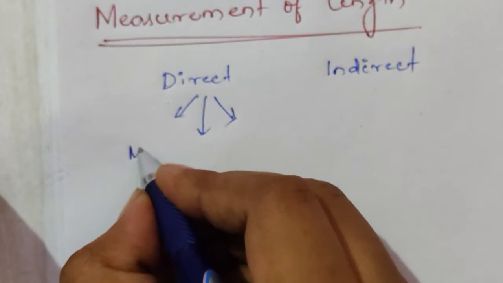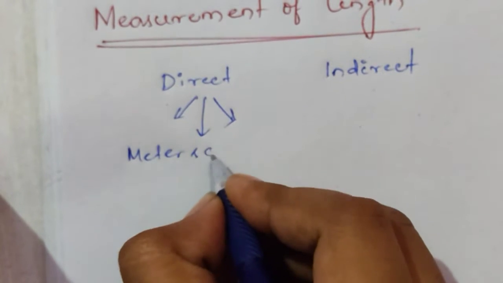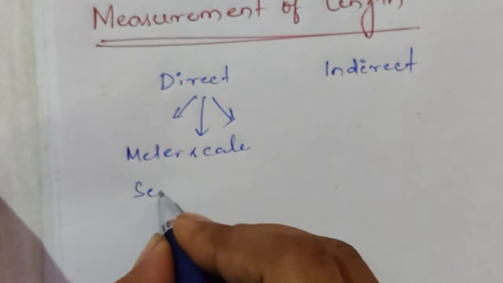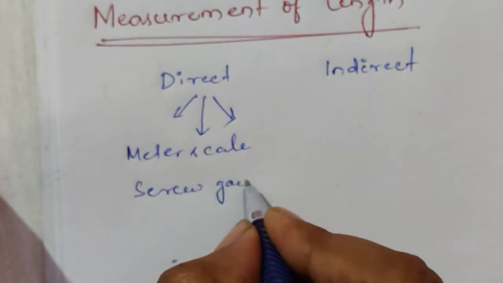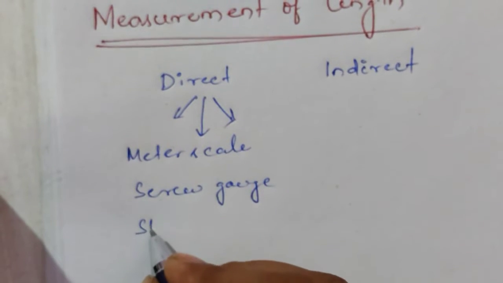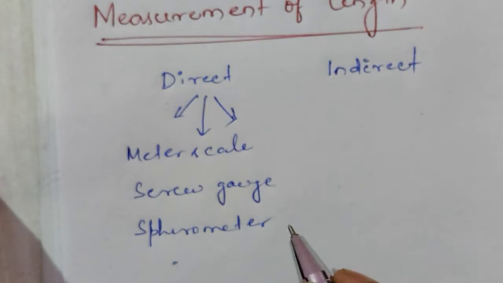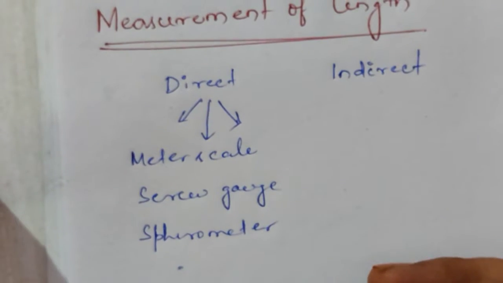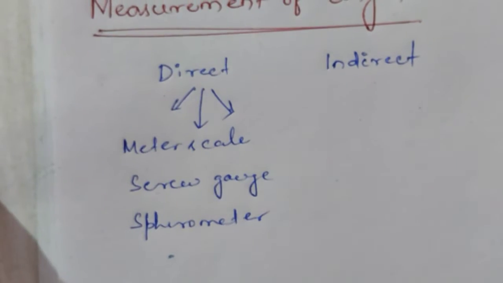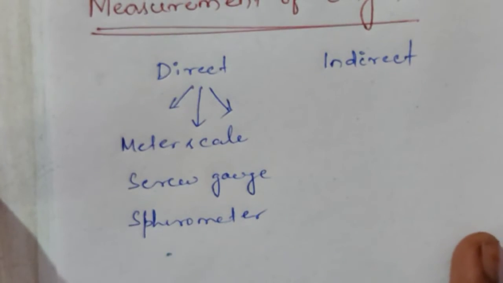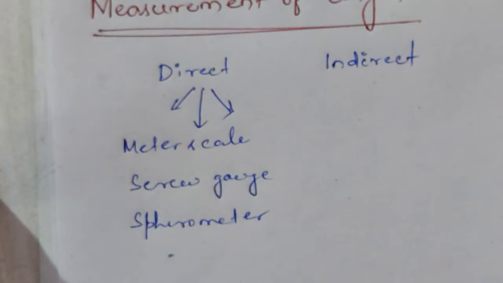As I said, we can use a meter scale, screw gauge, or spherometer. Similarly, many instruments can be used for the measurement of length that is visible, just like the scale in your geometry box, or a scale of length 30 centimeter.